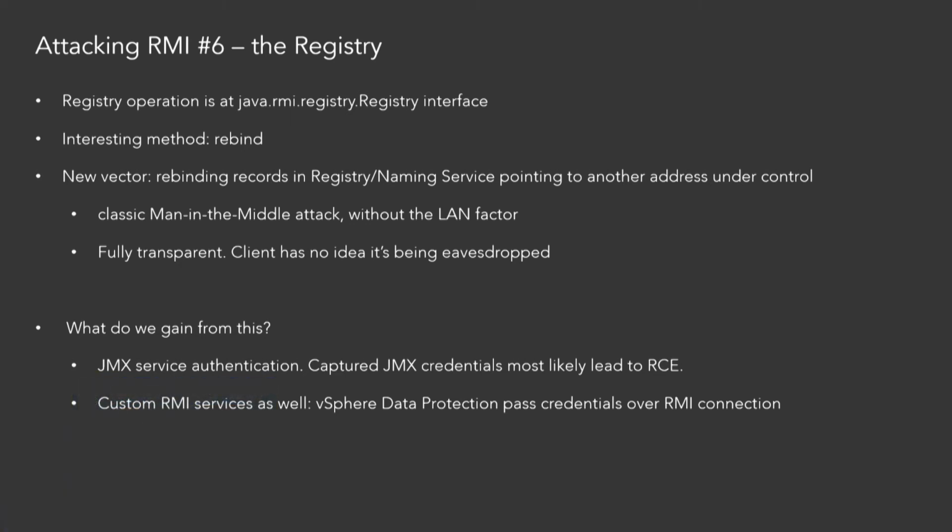So yeah, this creates a classic man-in-the-middle attack without any of the human factor or the LAN factor. It's fully transparent, and the client has no way to know it's being eavesdropped. So what do we gain from any man-in-the-middle attack? Imagine JMX service authentication.